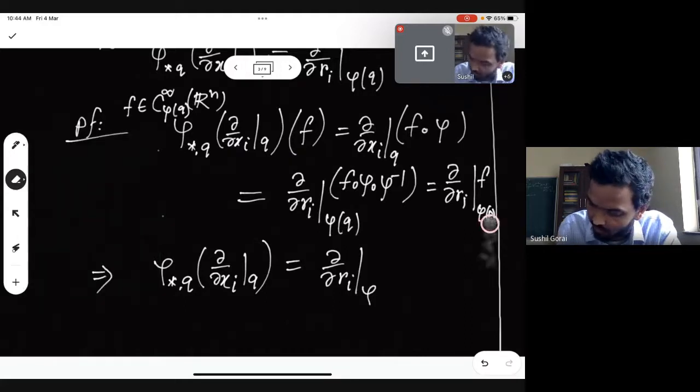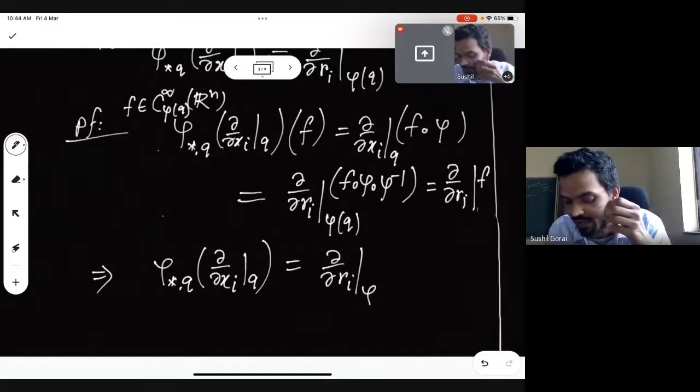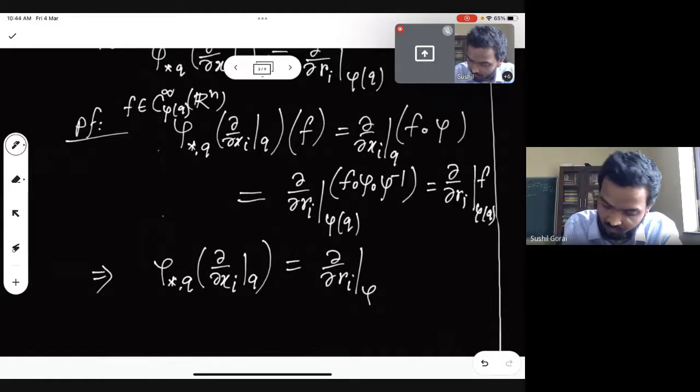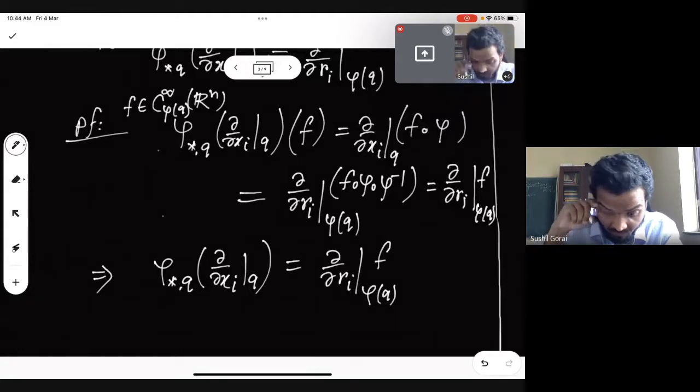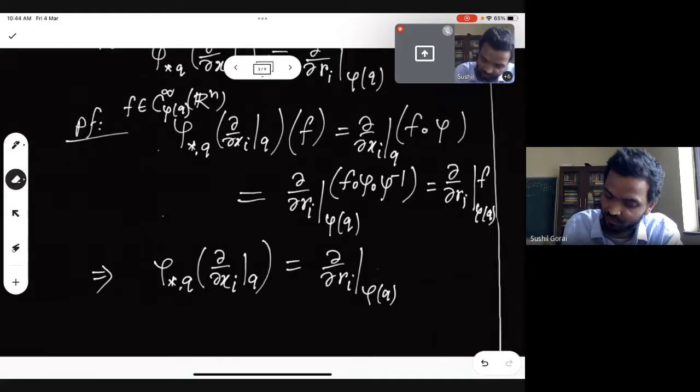Right. So this is a coordinate in a neighborhood, so we can do calculus in the whole neighborhood. That is very important. This is true for all f. So this is the truth.